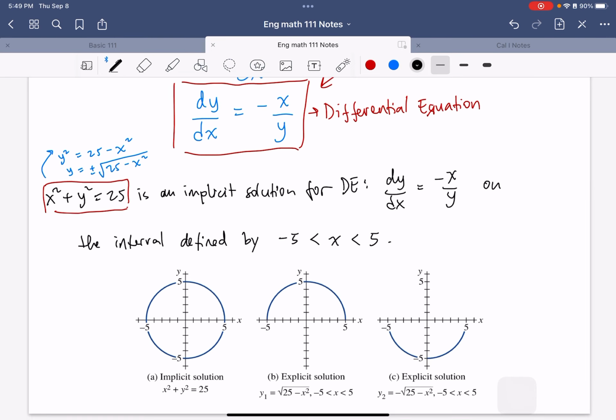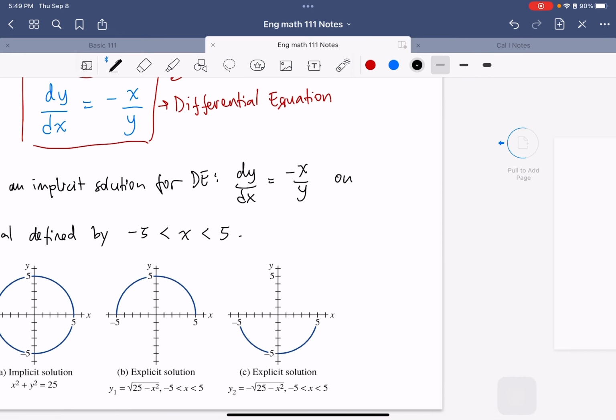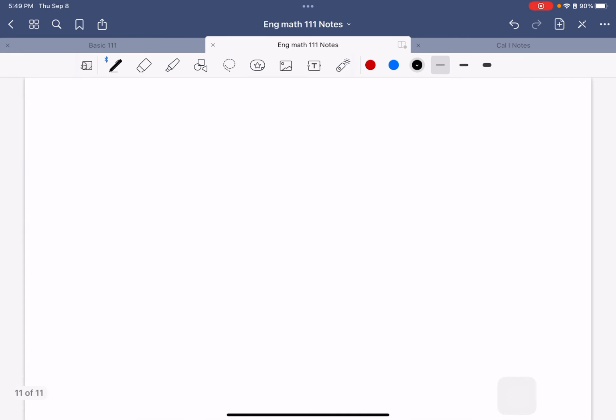Now from this implicit solution and from the solution curve that we have defined before, if you have differential equations, then probably the solutions can be many solutions, or we could say families of solutions.